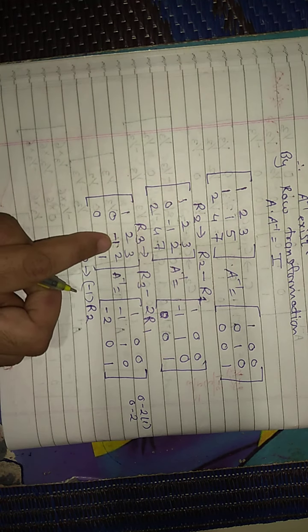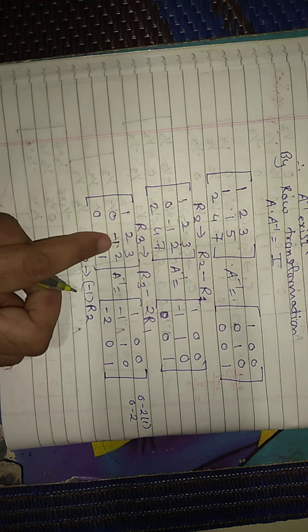Again R1 row changes, so remaining element we write as it is. Now first one, R1, 1 minus 2 into 0, 1. Now the next number, 2 minus 2 into R1 element as a 1.